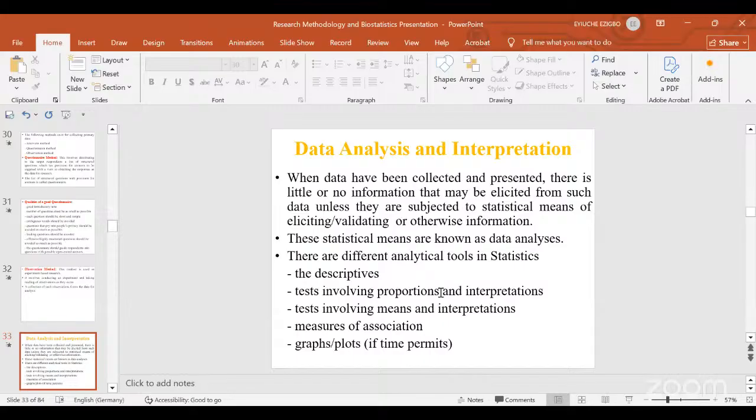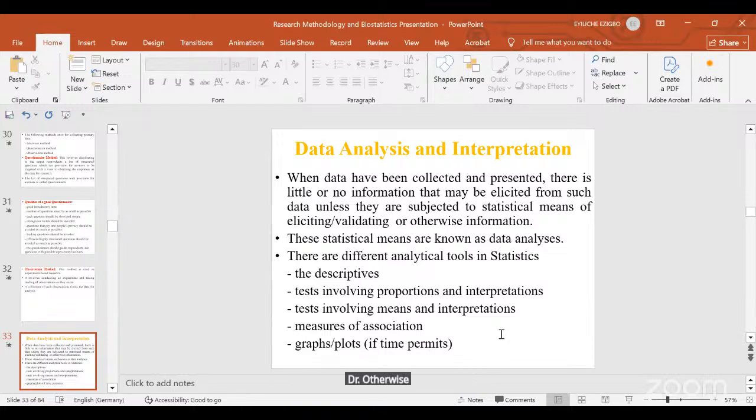And I will say again here, when data has been collected and presented, there is little or no information that may be elicited from such data unless they are subjected to statistical means of data handling.